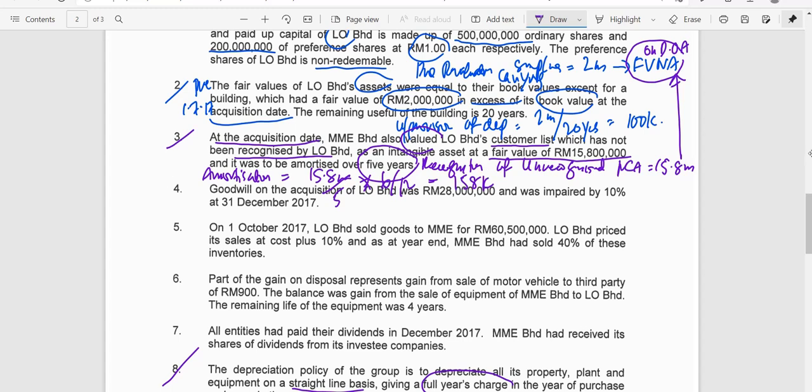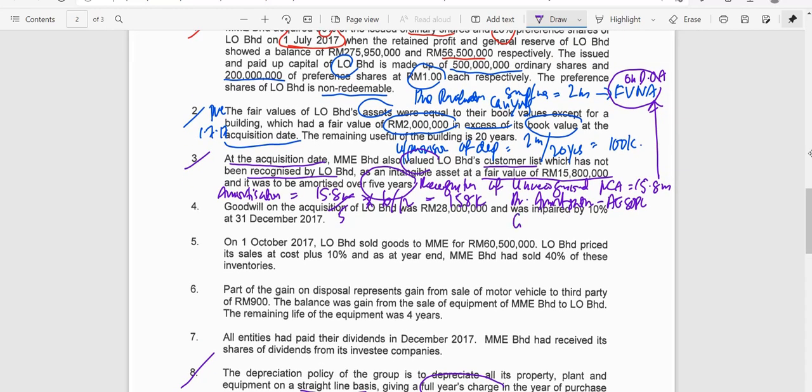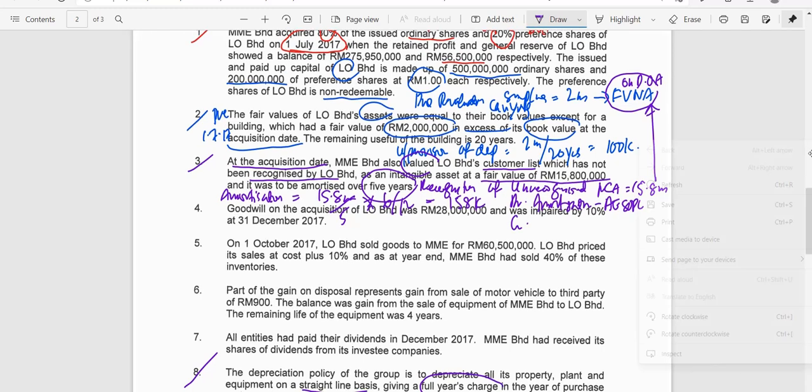So you have that, and this one is what you need to adjust later by debiting amortization, and that will be in the admin expenses later in the SOPL by that amount, and crediting the so-called customer list. The same thing for under provision.